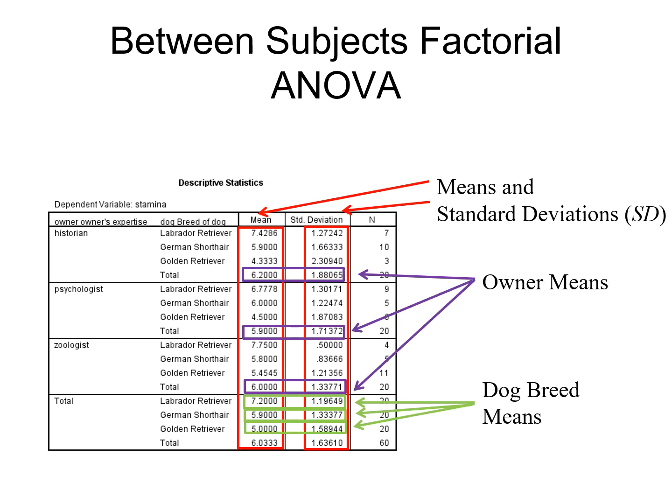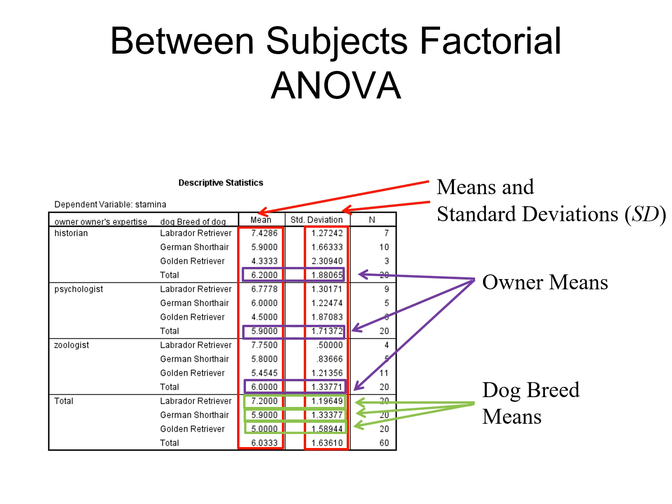So again, if we looked at our means and standard deviations, we'd have our descriptive statistics. And again, we have our total. These are our actual marginal means. So if we look at the difference between dog types and historians, dog types and psychologists, and dog types and zoologists, we have our owner's means. So the means of historians across the 3 dog breeds, the means of psychologists across the 3 dog breeds, and the means of zoologists across the 3 dog breeds.